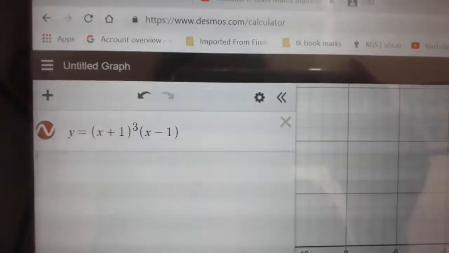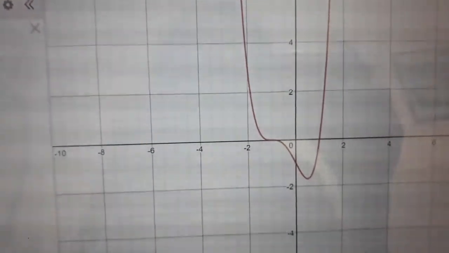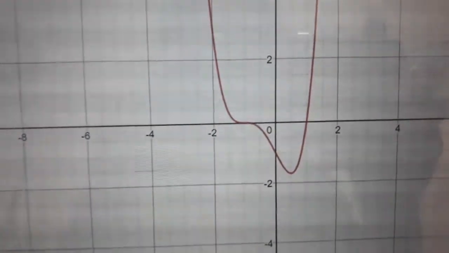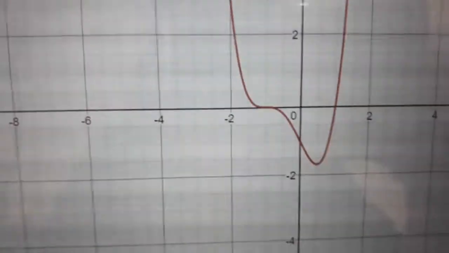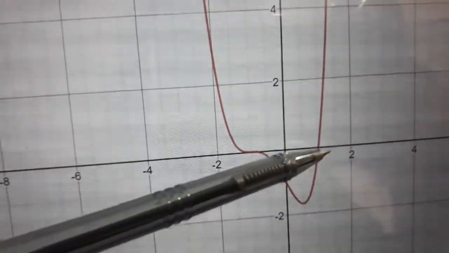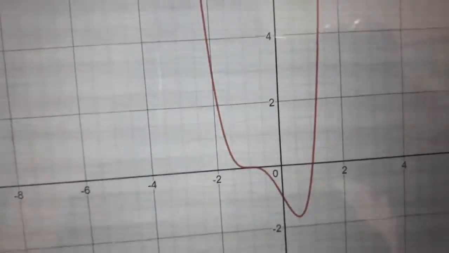Okay, so here is Desmos. I have just typed the equation here, you can see, and this is the graph I am getting. If you look at this graph at x equals 1, the graph is very steep. If you notice here at this point, it is 8, whereas at -1 it is almost flat, right?